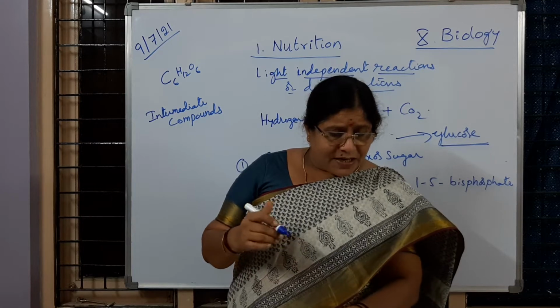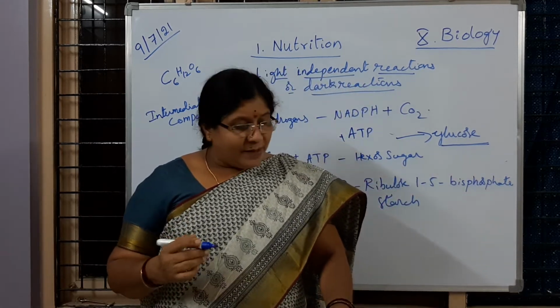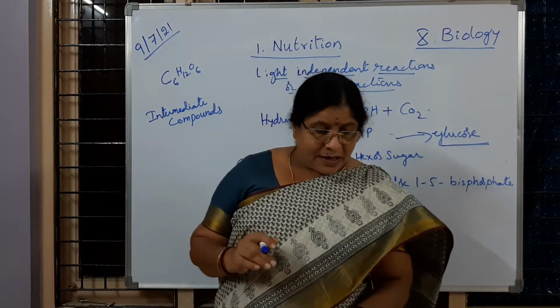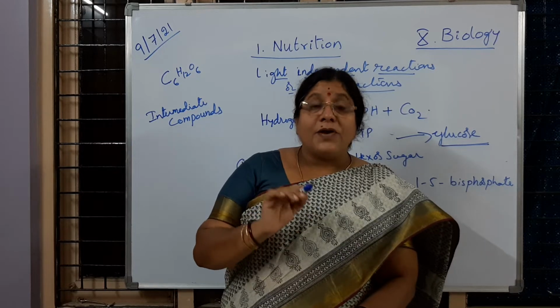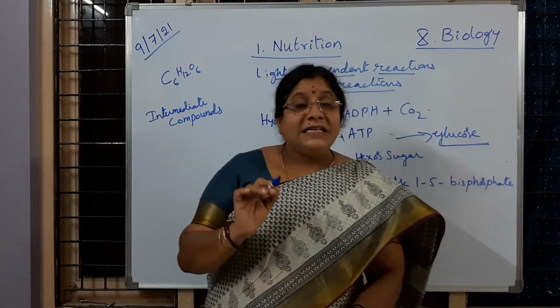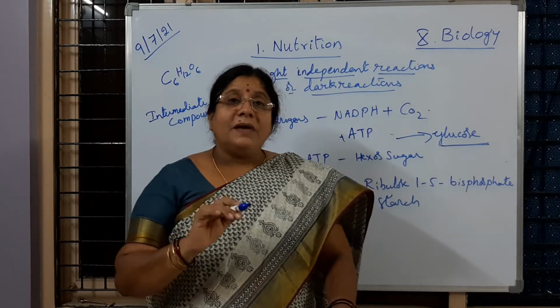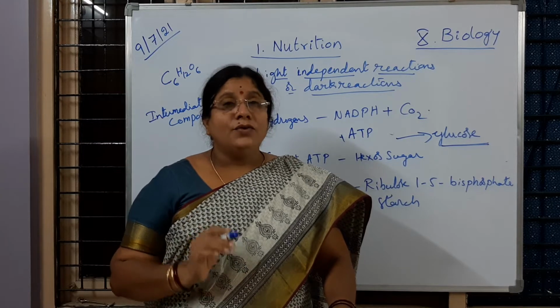So in different conditions the plants are able to survive, but wherever they live, light is needed for photosynthesis. Wherever light is available, the plants can survive and prepare food by the process called photosynthesis.